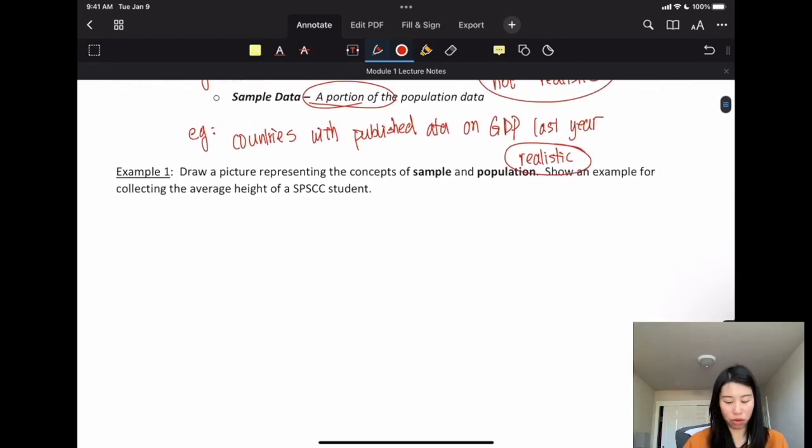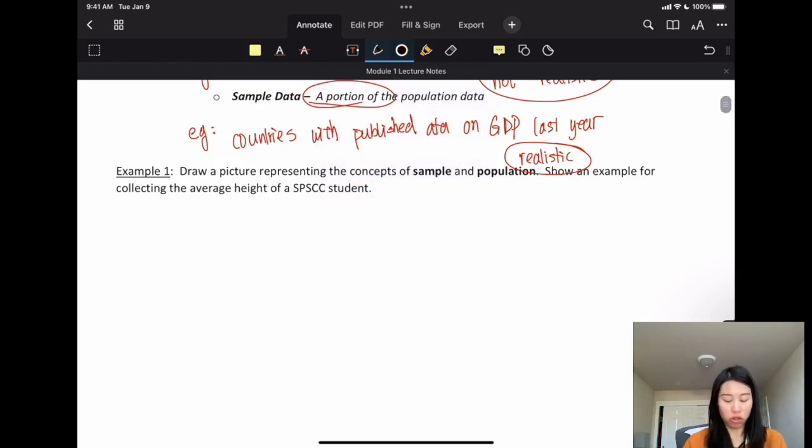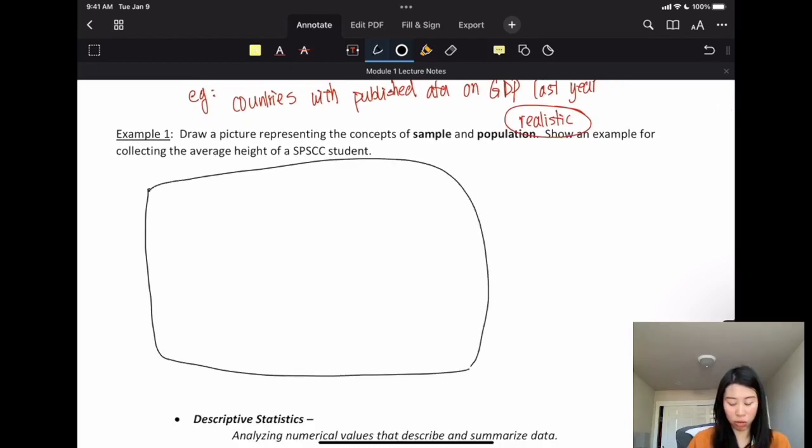So here, for example, I draw a picture to represent the concept of sample and population data, and show an example for collecting the average height of SPSCC students. Okay, so remember what population data is? Population data is all of the data, the entire group that we are trying to draw the conclusion about.